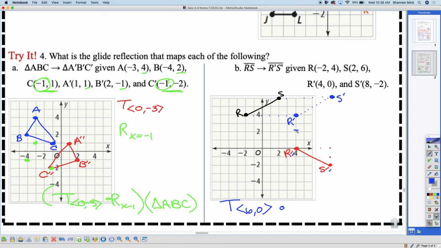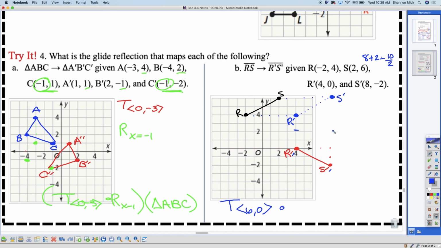Okay, now let's do this one. If I go to the S's, I have 8 minus -2, which would be 10. Divided by 2 is 5. So I go down 5. What's 6 to 2? 6 minus 5 is 1.